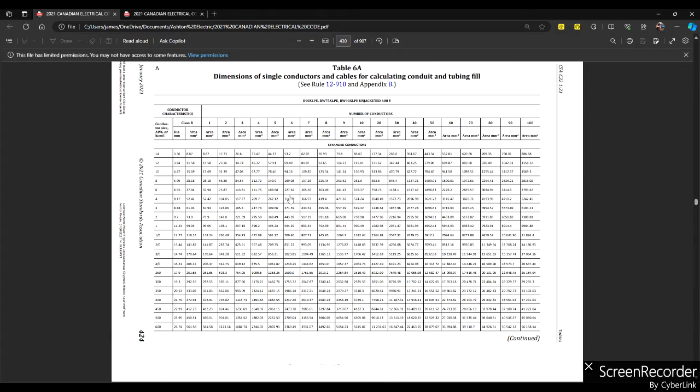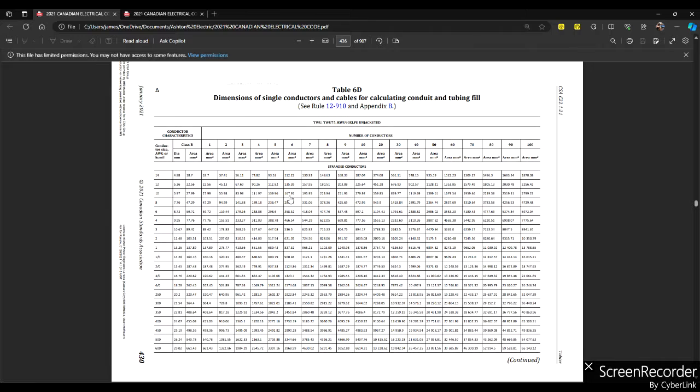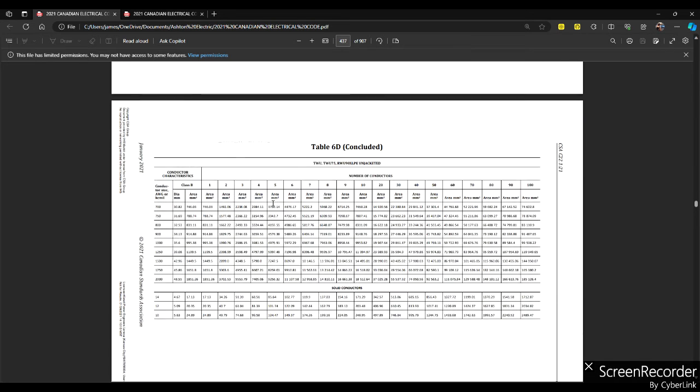Table 6D. A, B, C, D. So you'll notice you actually have to do some math here because there is no option for 15 conductors. So you actually have to take the individual, in this case you would take the individual size of a number 10, which is 27, oh sorry, I almost did it again, stranded.